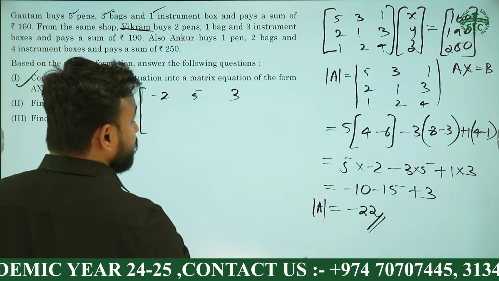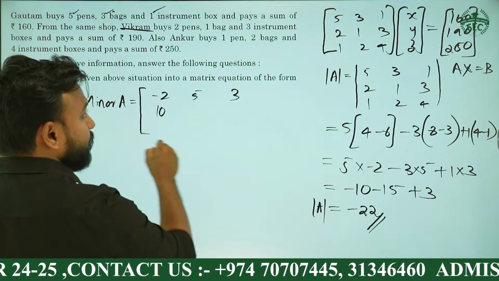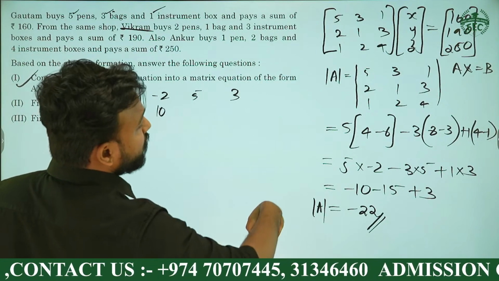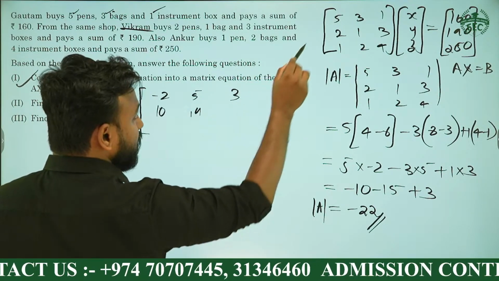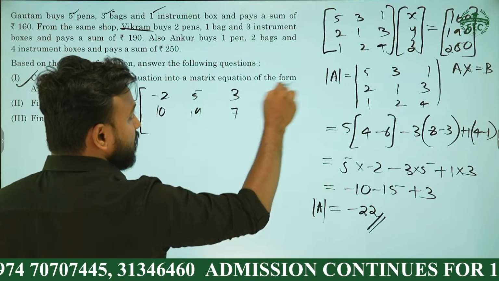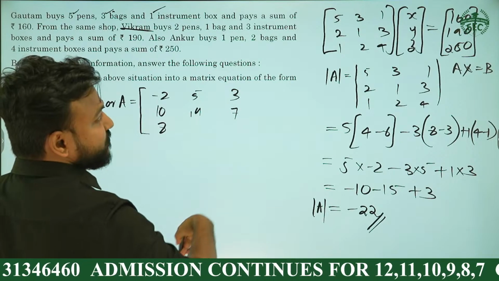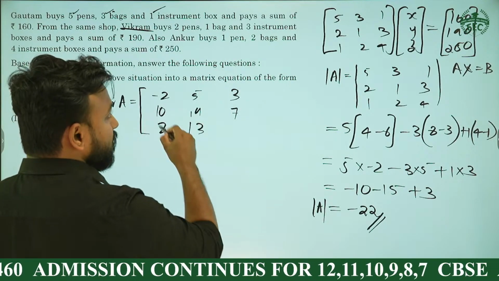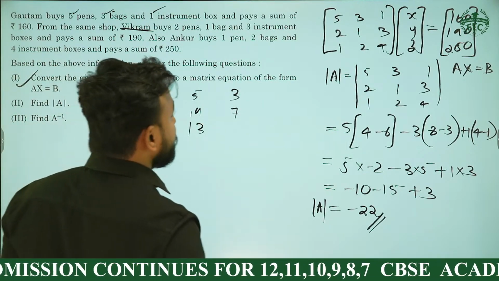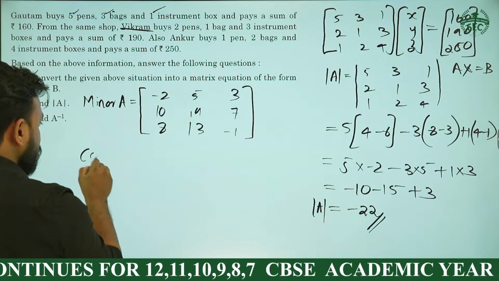Sorry, that is 12 minus 2, that is 10. And 20 minus 1, 19. And 10 minus 3, 7. And 9 minus 1, 8. And 15 minus 2, 13. And the last one, 5 minus 6, that is minus 1. This is the minor.